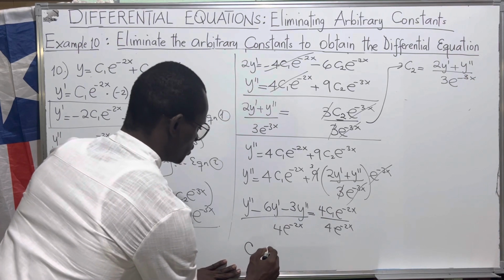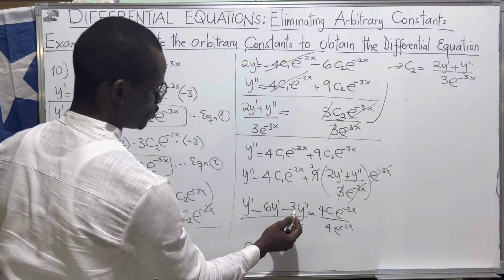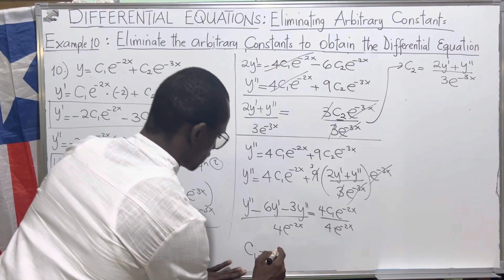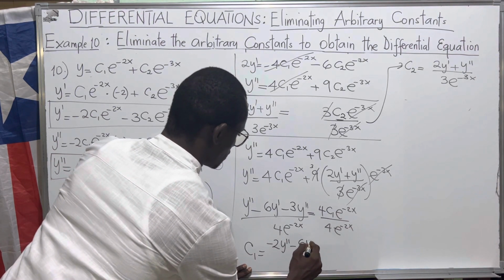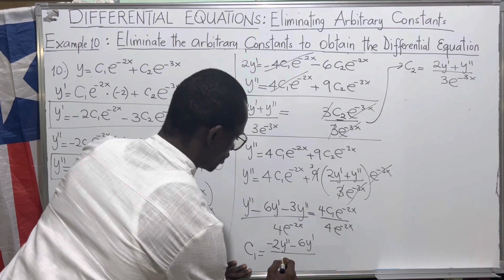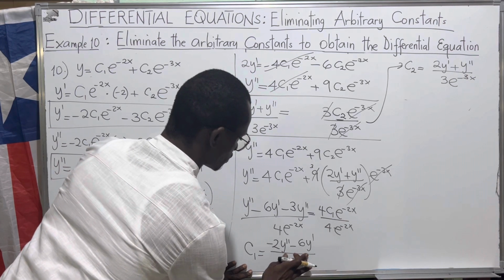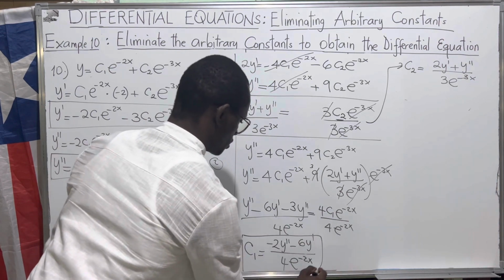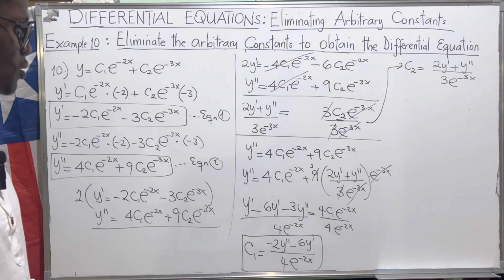Therefore, c1 will be equal to y prime prime minus 3 y prime prime, which will give us negative 2 y prime prime minus 6 y prime all over 4 e raised to the power minus 2x. So this is the second equation.